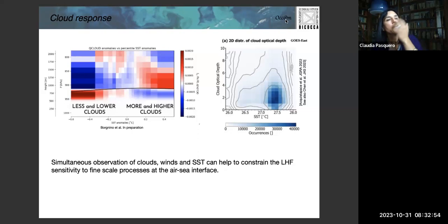In any case, the data are showing that the whole boundary layer has a specific humidity that is lower over warm SST, and the boundary layer height increases. So the fact the boundary layer height increases means that the boundary layer expands, entrains more air. That's the only explanation. Yeah, that makes sense.